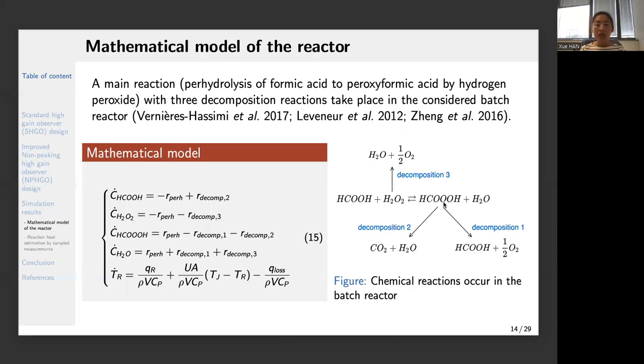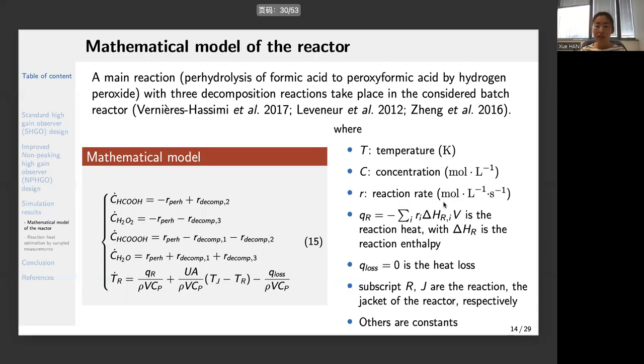Equation 15 gives the mathematical model of the reactor and the considered chemical reaction. Here C represents the concentration, T represents the temperature, and R represents the reaction rate. QR is the reaction heat, and that is what we want to estimate.